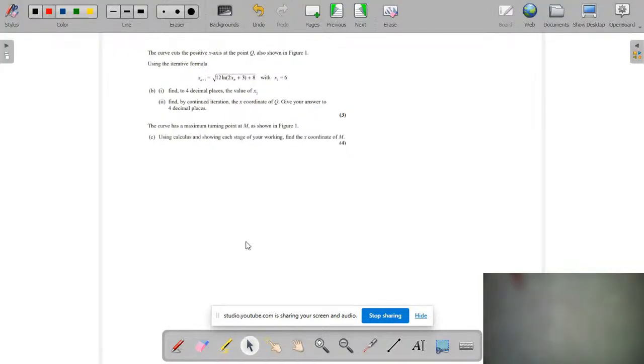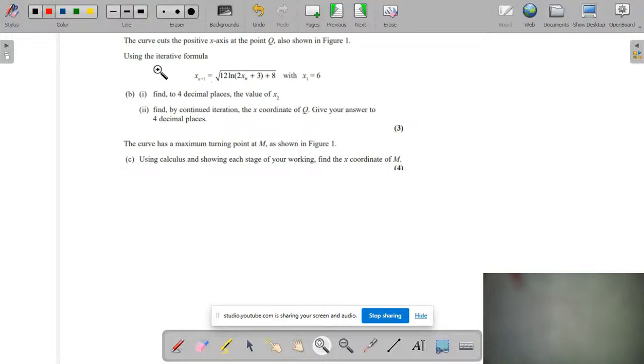Then they ask you to consider the curve that cuts the positive x-axis at point Q, also shown in figure 1. You saw in the previous diagram there were two points of cutting the x and y axes. Just to remind, I'll draw it here, something like this.